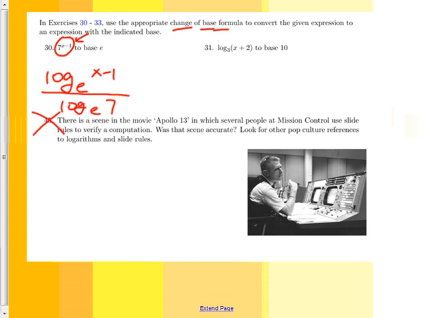Yes? You have an idea? Okay. What do you think? Log base 7 of y. Okay, so you're basically setting this whole thing equal to y. We don't know what it equals, but it equals something. Well, that seems like we should be able to try that. So then log base 7 of y, this unknown thing, is equal to x minus 1.